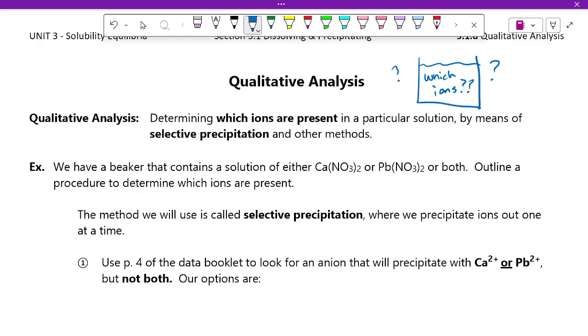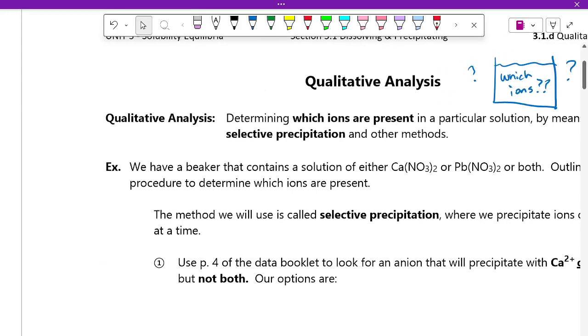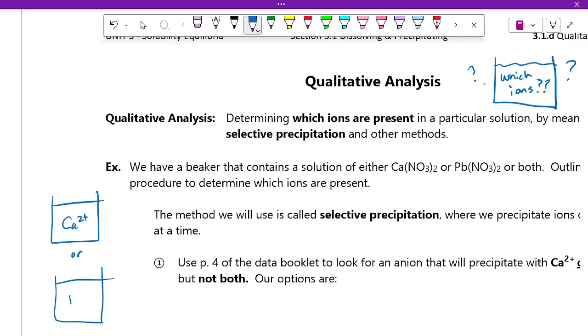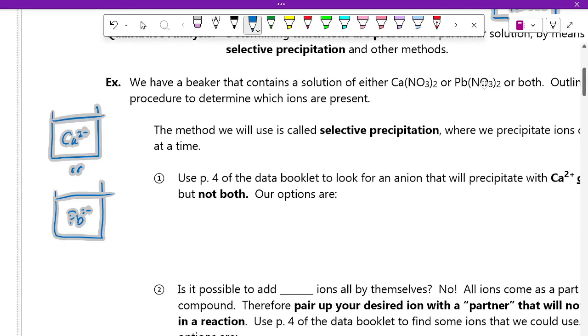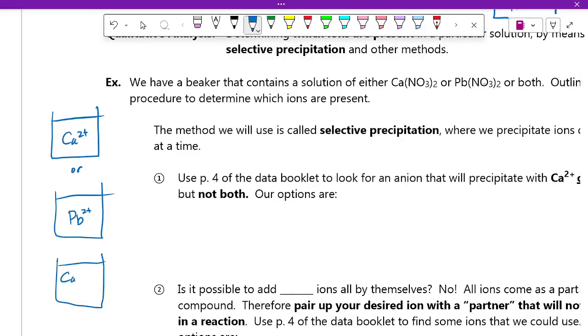Okay? So we have a beaker that contains either calcium nitrate, so maybe it contains Ca2+, or maybe it contains Pb2+, or maybe it contains both.